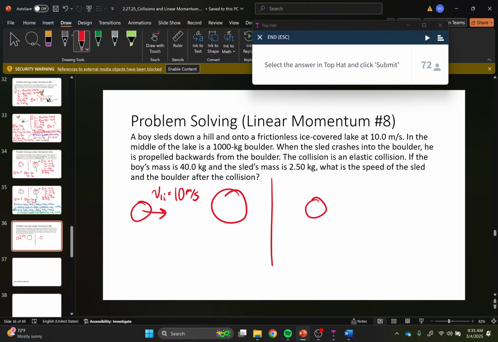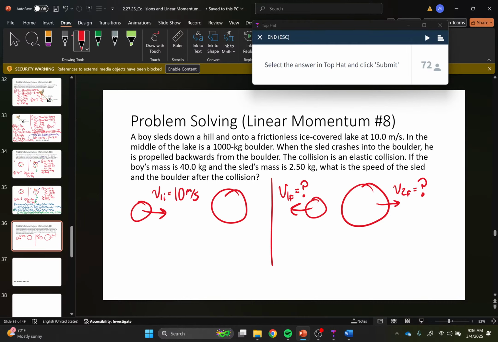They bounce off each other, so the boy's going to be going backwards. How fast? I have no idea. V1 final equals question mark. Is the boulder going to be moving? Yes. It's a big boulder, but we're on ice. There's no friction, so if you hit something, it will start moving, even if it's really slow.